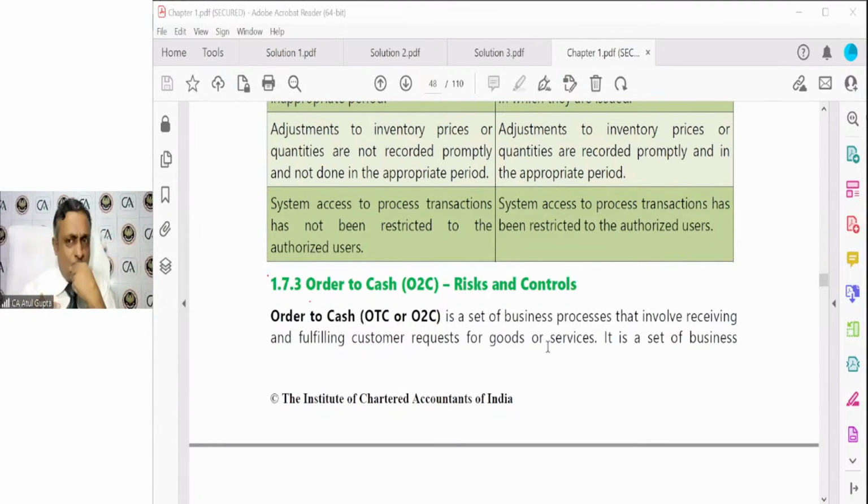Now, slightly deviating, but it's a good discussion to have. Your auditor, I'm asking a very different question, only for learning. Try to answer that. Today, the way technology is there, all your clients use computers.